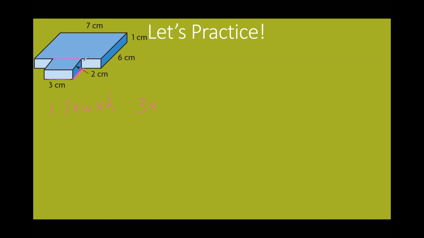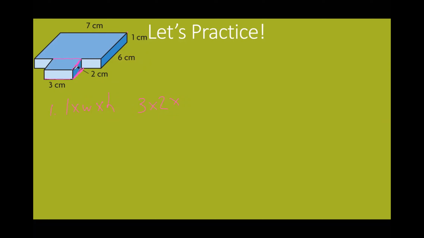What's this width? Well, see that little arrow telling you here it's 2? If that one's 2, then this one's 2. And what about that height?